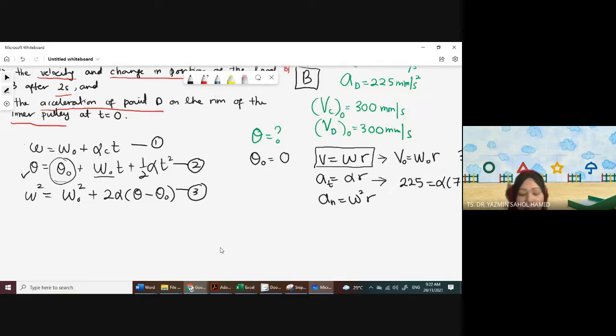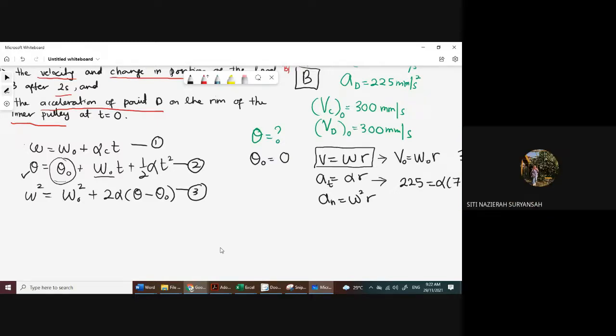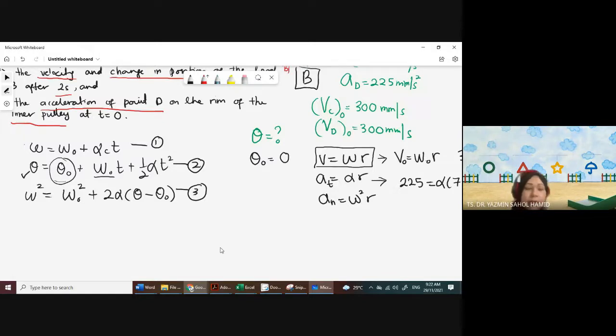Okay. So, macam mana? Boleh tak kita cari theta? Boleh. So, macam mana kita nak cari theta? Theta equals to omega naught tadi berapa? 4.